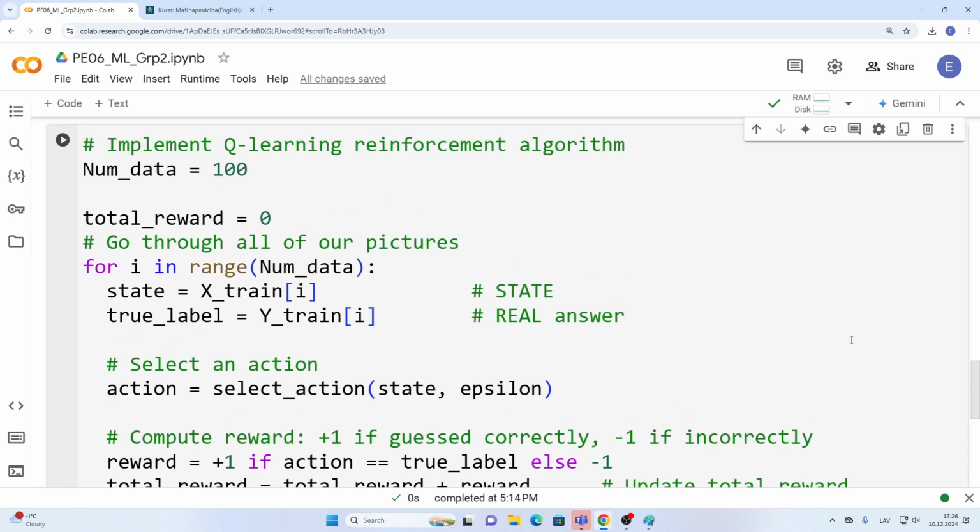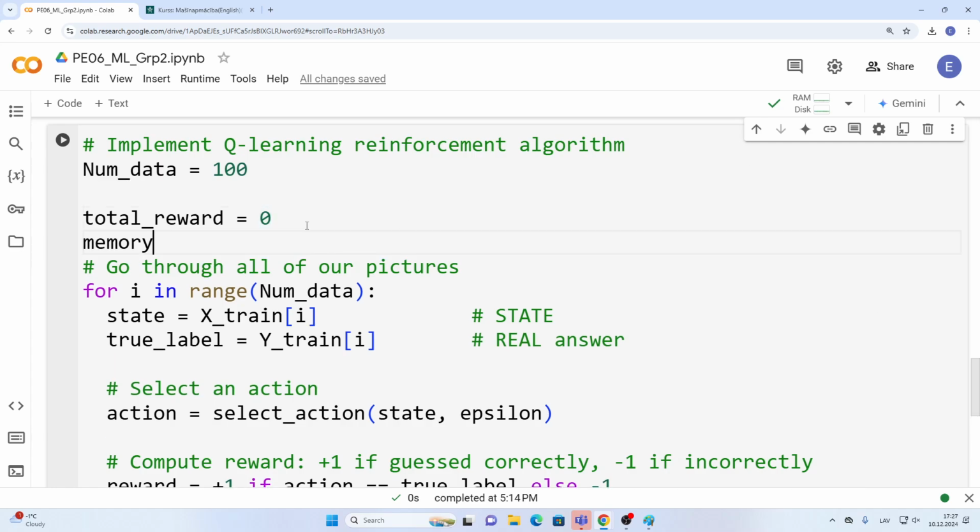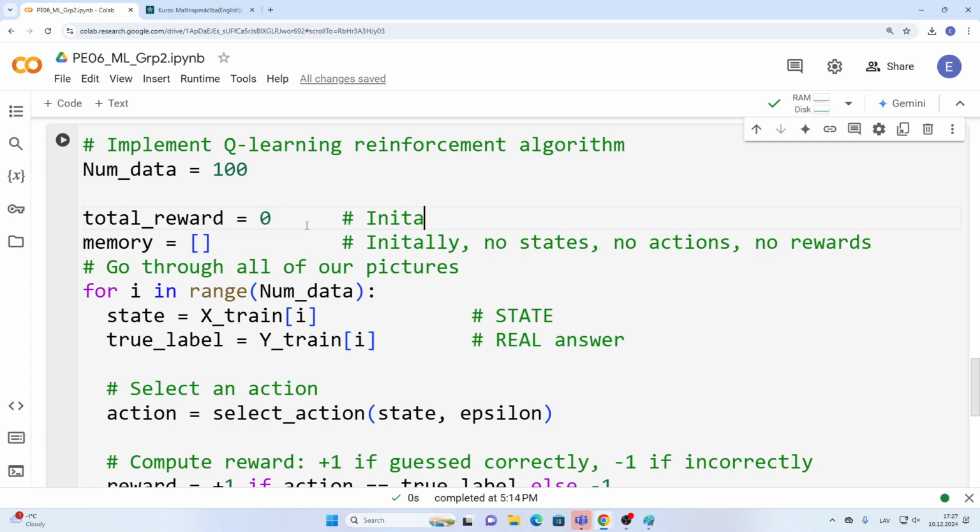For that, we also need to say that memory is initially empty. Yes, memory is empty. So initially, no states, no actions, no rewards. This is accordingly the initial zero total reward. That's our starting point.